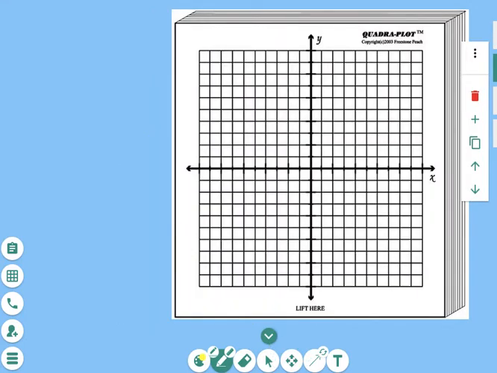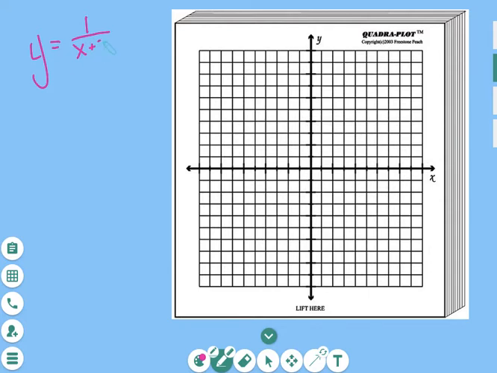So our equation will say y equals 1 over x plus 3, minus 2. The first thing I want to do is find my two asymptotes, my vertical and my horizontal asymptote. The vertical asymptote is where the bottom of our fraction is going to end up being 0, because you can't have a fraction over 0.